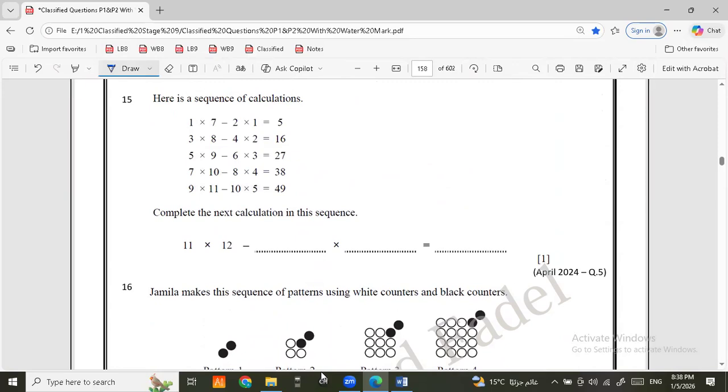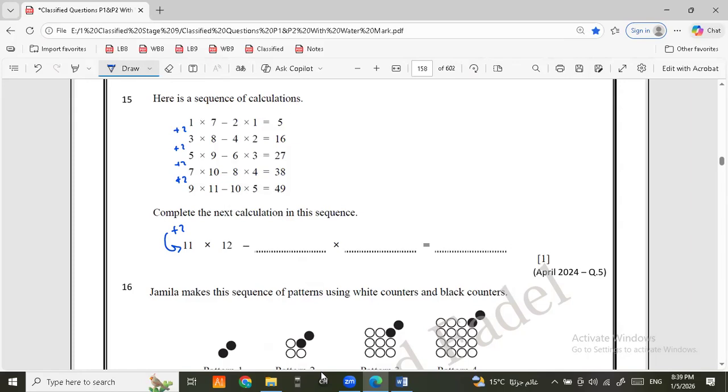What is happening here in this pattern? Look at this, it's a sequence of calculations. Every time, I'm adding 2. 1 plus 2 is 3, plus 2 is 5, plus 2 is 7, plus 2 is 9, plus 2 is 11. That's how we reach the 11. But what is happening in the 7? 7 plus 1 is 8, plus 1 is 9, plus 1 is 10, plus 1 is 11, plus 1 is 12.